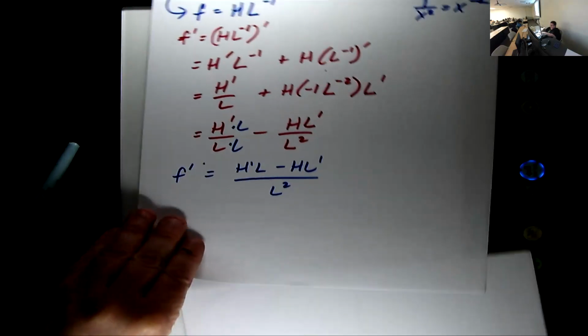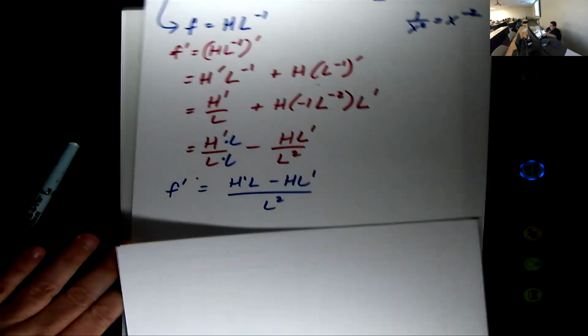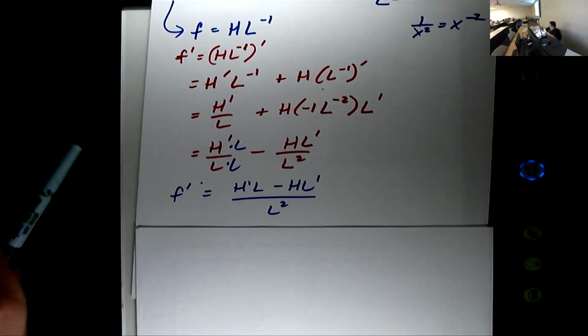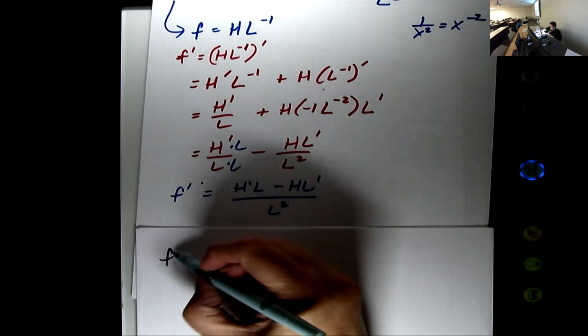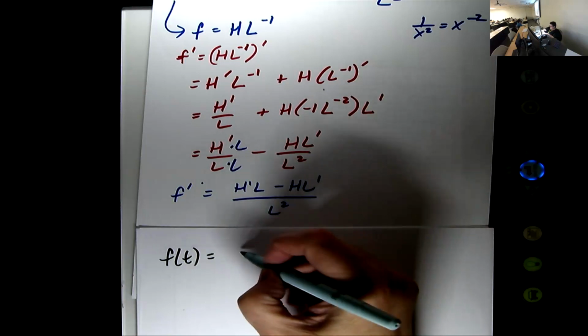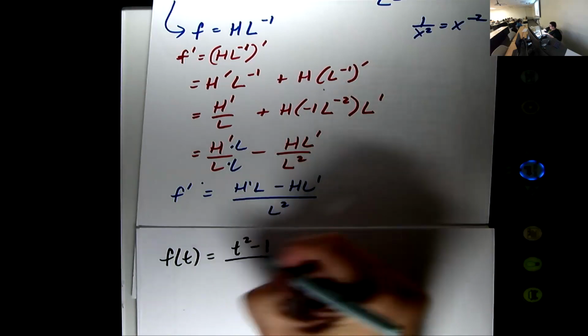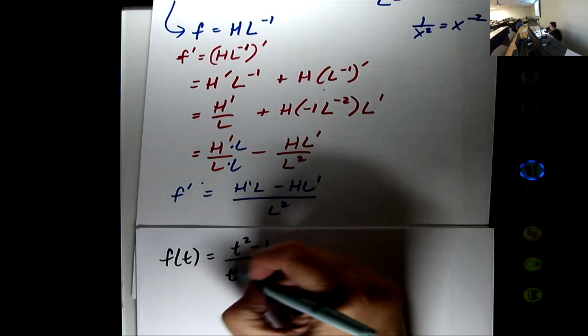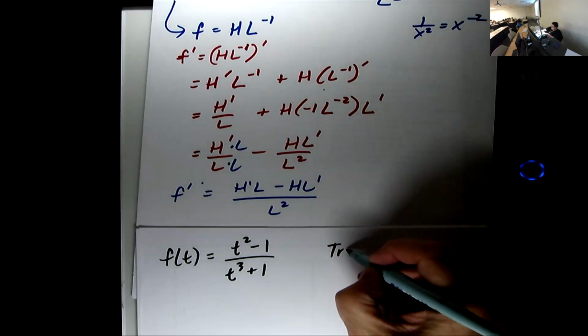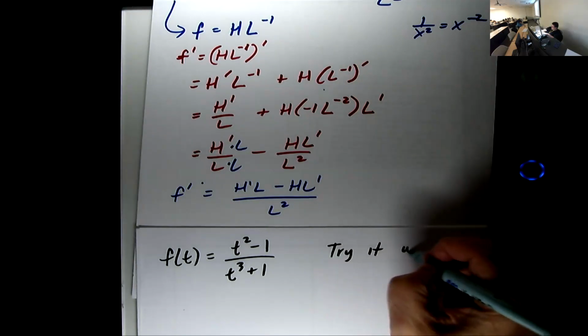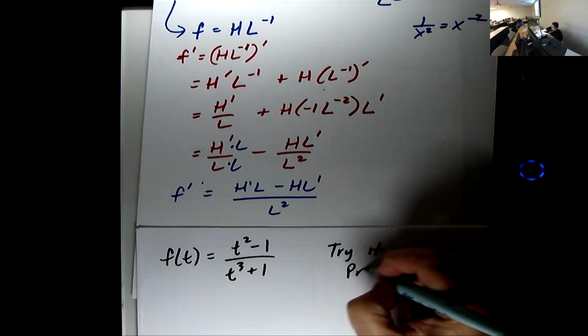So while people are still writing that down, let me write down the next problem. F of t equals t squared minus 1 over t cubed plus 1. We actually did this very problem in 2.4 using the quotient rule. Try it using product rule and chain rule.